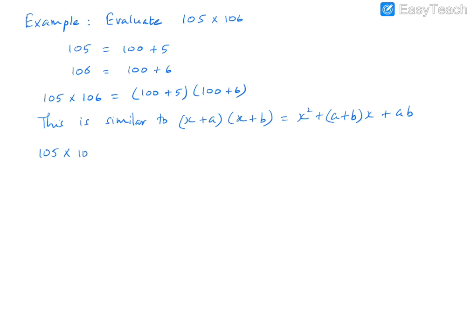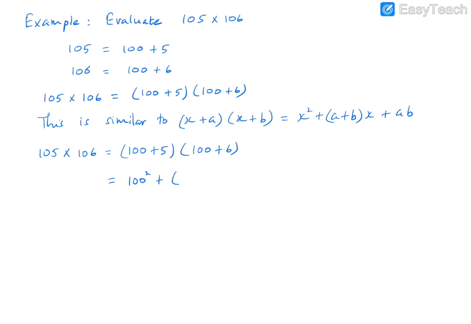105 into 106 equals (100 plus 5) into (100 plus 6), which is equal to x square, which is 100 square, plus (a plus b) times x.